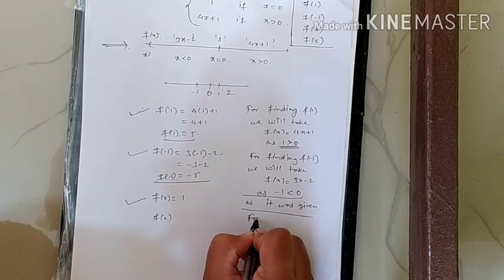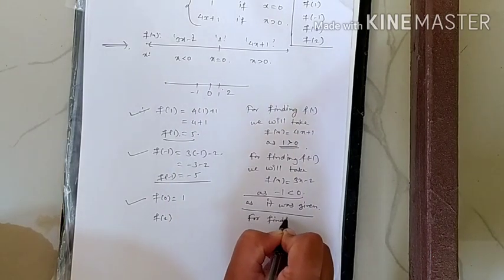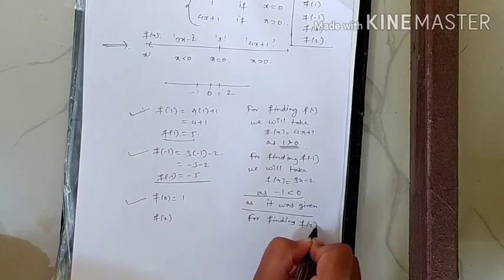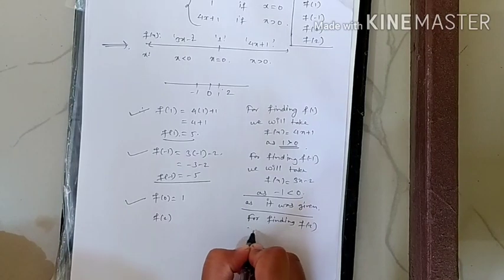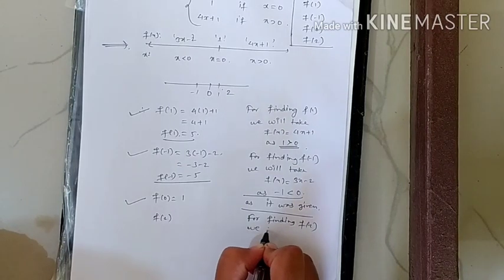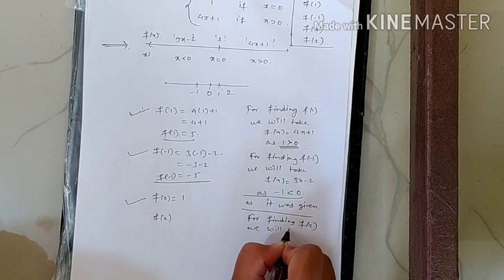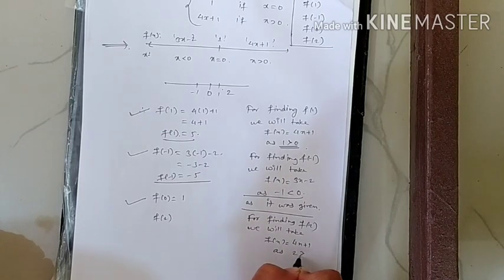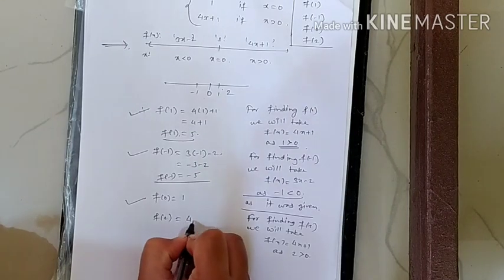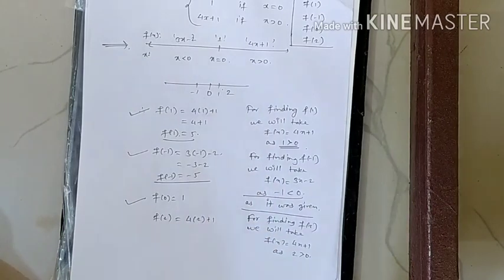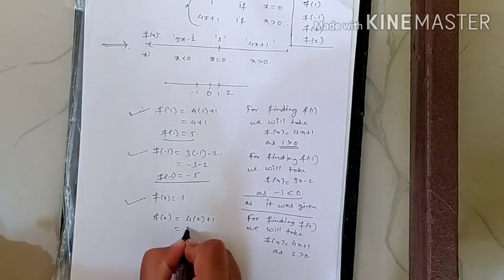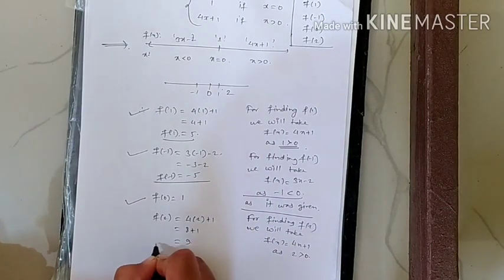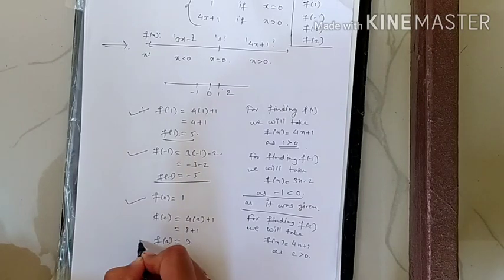For finding f of 2 we will take f of x is equals to 4x plus 1 as 2 is greater than 0. So 4 into 2 plus 1, that is 8 plus 1, that is equals to 9. So f of 2 is 9.